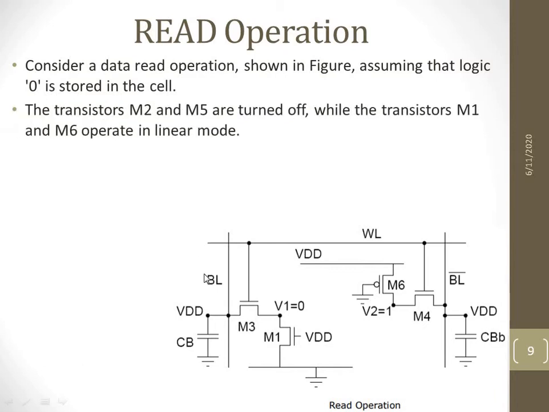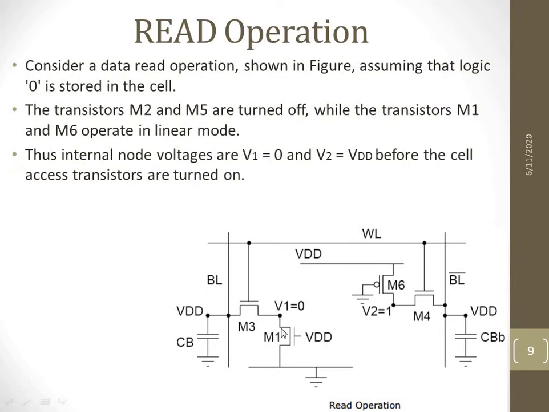When I say 0 is stored, the transistors M2 and M5 are turned off. You can see they are open, off, while M1 and M6 are short circuit, or they are in the linear mode, this one M1 and M6.